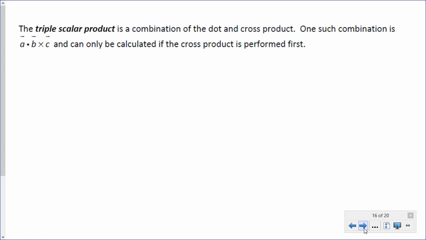No. So on your assignment, there was one little communication fill-in-the-blank question, where you had to say whether the result of the expression was a scalar, a vector, or meaningless. Meaningless means you're stuck with an expression that you can't evaluate because it doesn't fit the criteria.